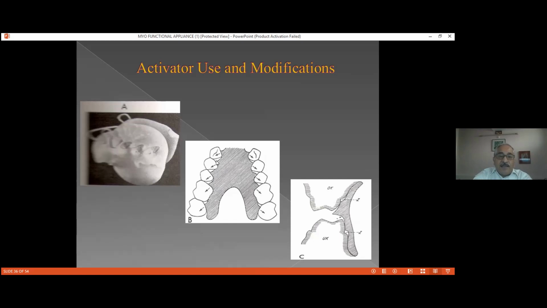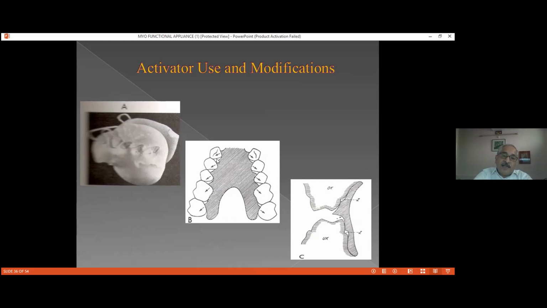And there is space left on the distal aspect of all the teeth. The significance of this space is that whatever thrust is being generated here, the teeth have to have space for movement in the distal direction.